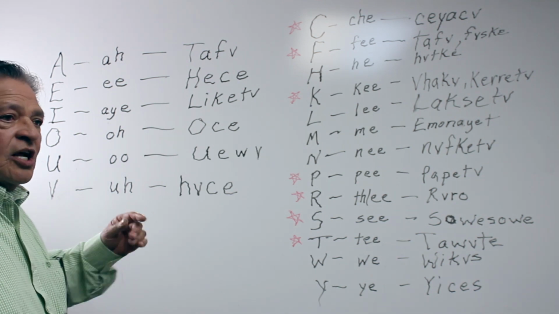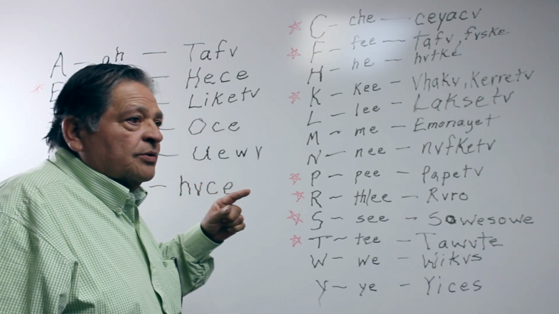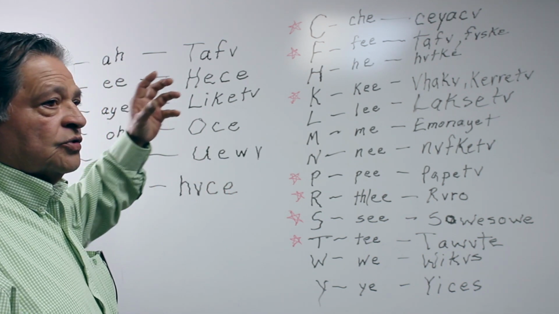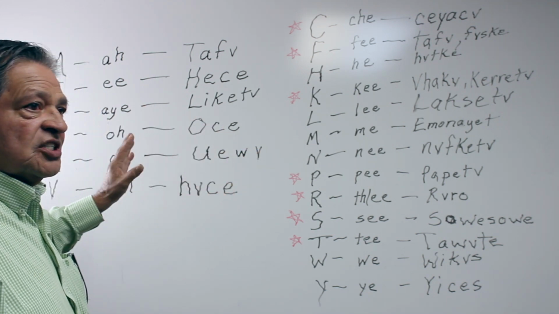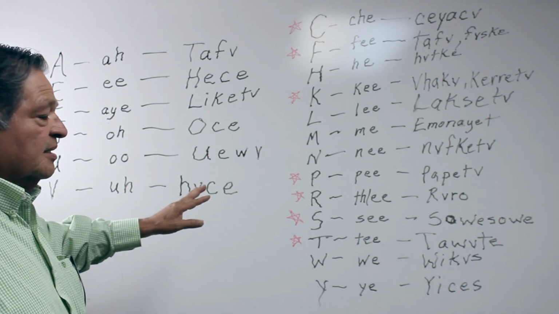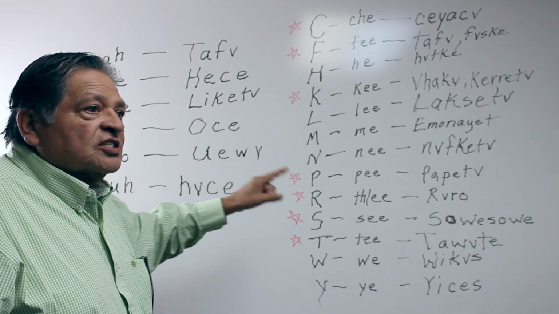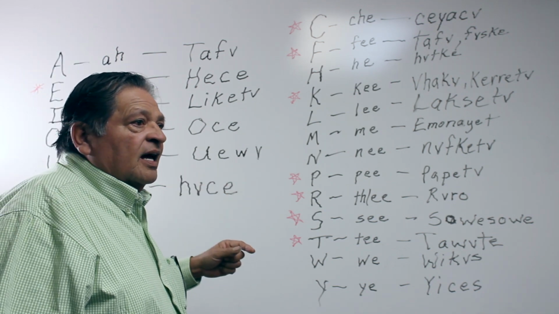Now, we're going to stop the lesson right here, but I want to say one thing. There are rules associated with the use of these vowels and consonants that change the way they sound. Sometimes putting a consonant between two vowels gives it a hard sound.